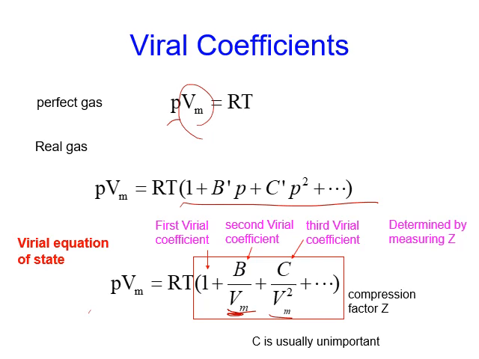Now if we only include the first term here, 1, that is just the ideal gas law. If we add more terms, that makes it more accurate to describe a real gas. But in most cases, the second term is enough. The B is called the second virial coefficient.